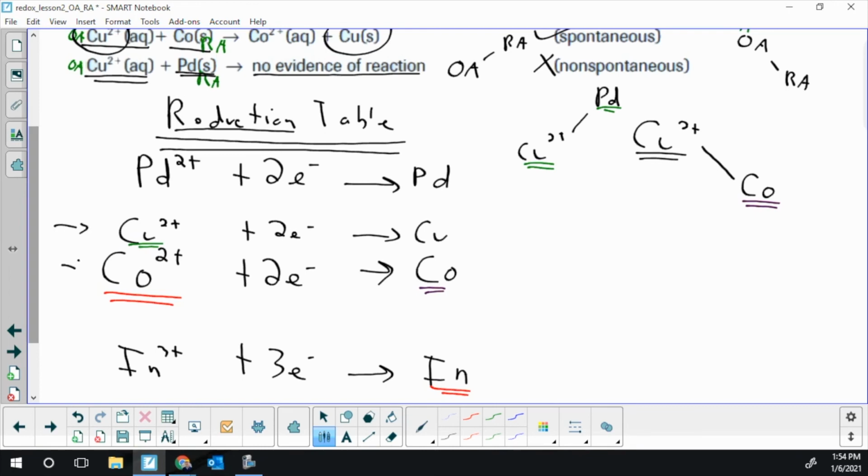We've got our copper above cobalt, and in our last reaction, our OA is below the RA, our only non-spontaneous reaction. Okay. So that's your second and last building redox table for this lesson.